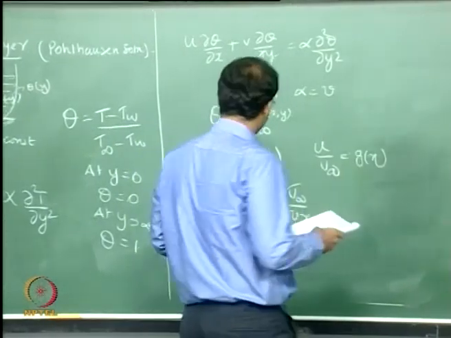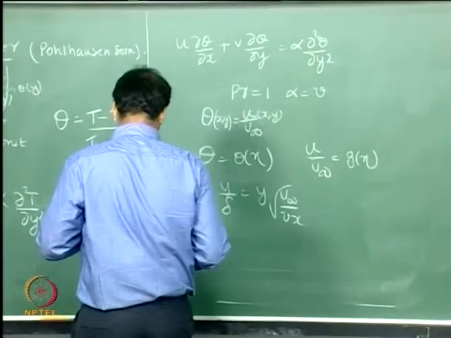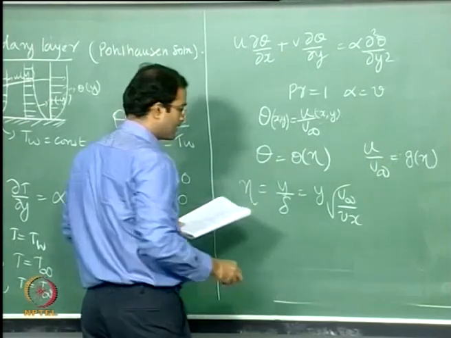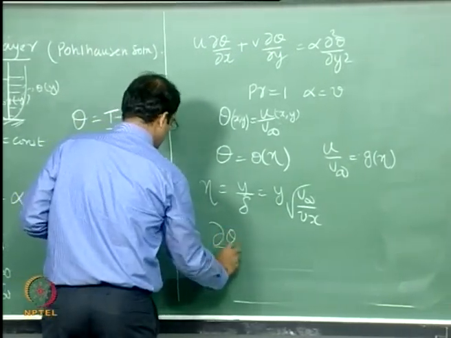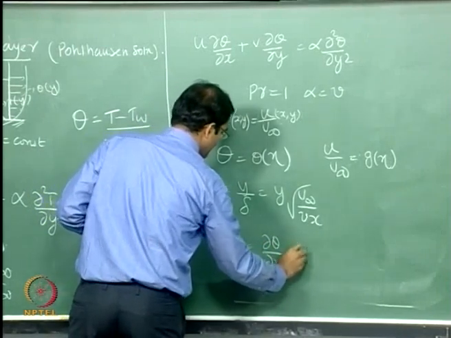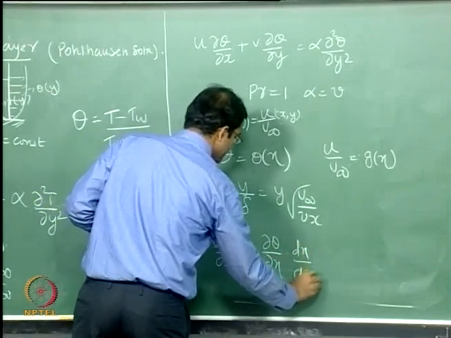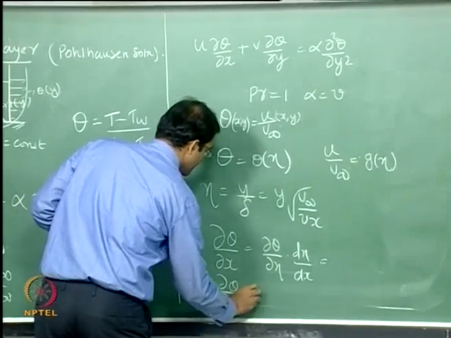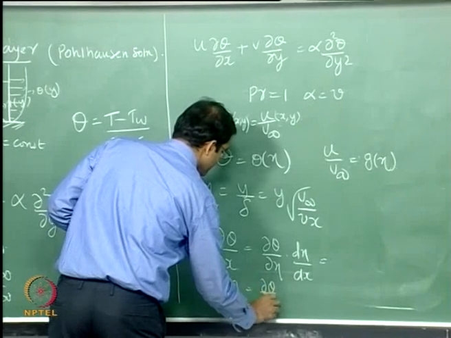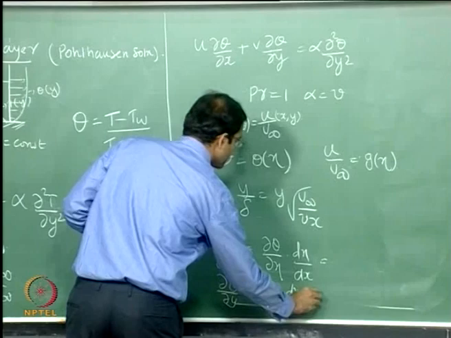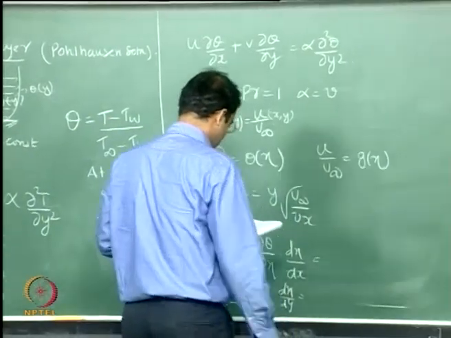So now he calculated all the other terms which are required. You already know u and v. So d theta by dx will be d theta by d eta times d eta by dx.